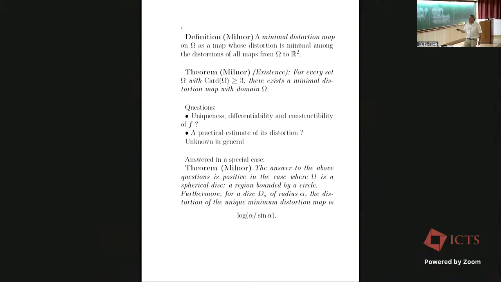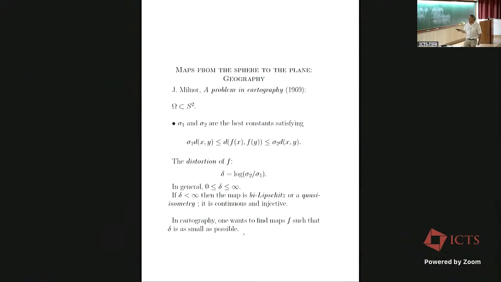But then he asks other questions. Is this map unique? Is it differentiable? Is it constructible? And what is the practical estimate of this distortion? And the response is unknown. Of course, this was 1967, 1969.